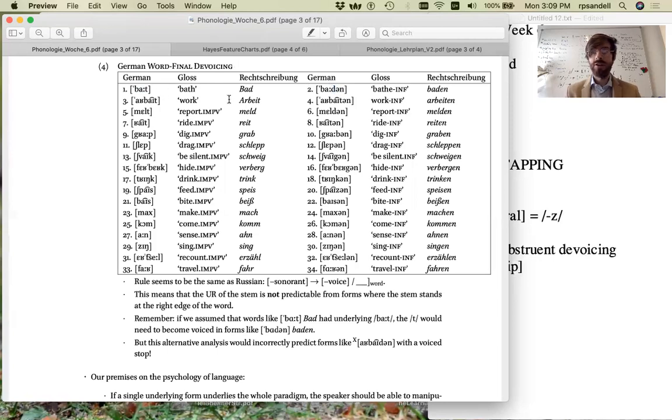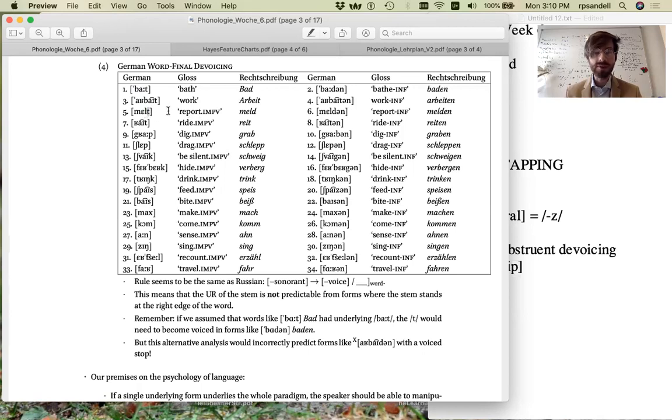On the other hand, there are stems like the noun Arbeit, which consistently have a voiceless stop, in this case a coronal stop. We also had a coronal stop in examples 1 and 2, which don't alternate. This is precisely the same pattern of alternation which was present in the Russian data. We find some forms that alternate, and similarly, examples 5 and 6, and 7 and 8 show the same pattern.